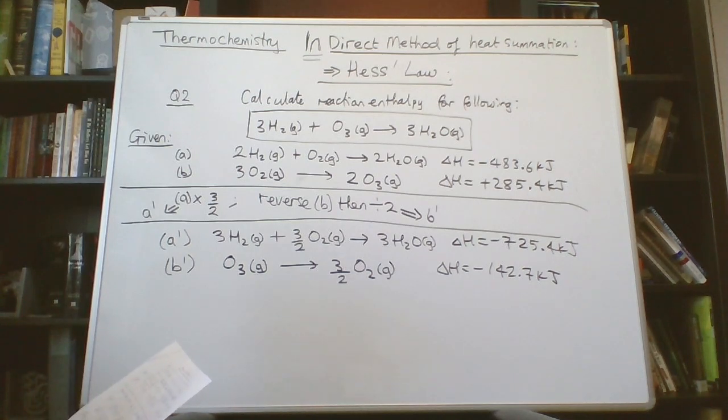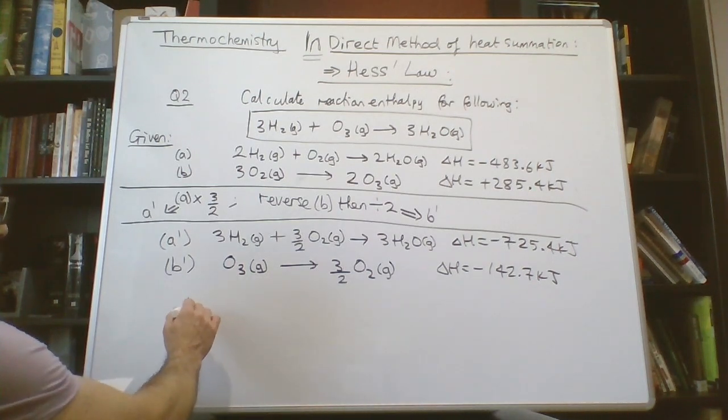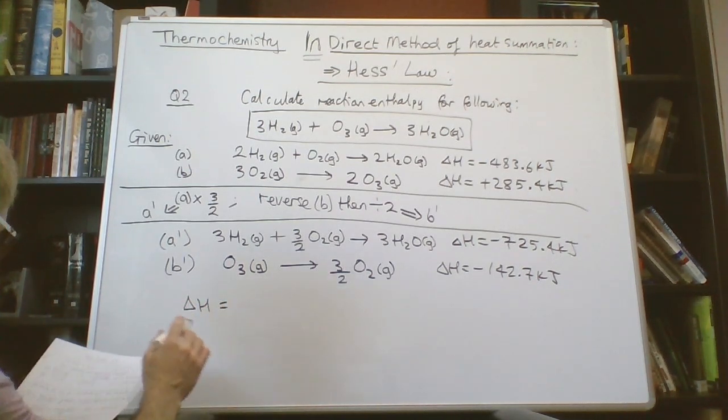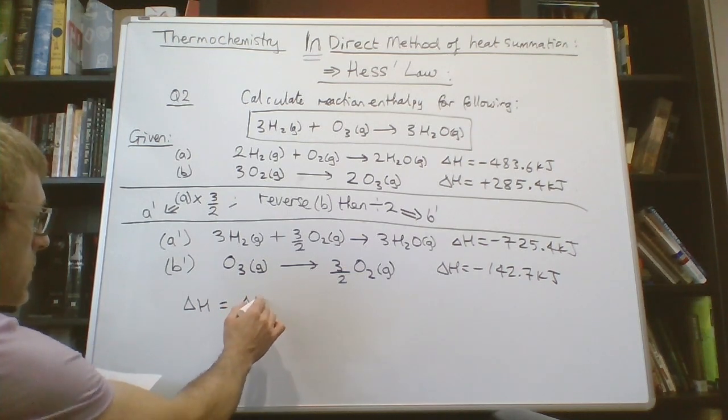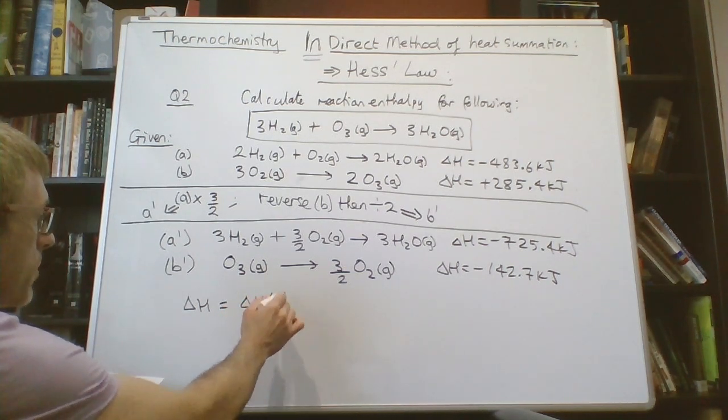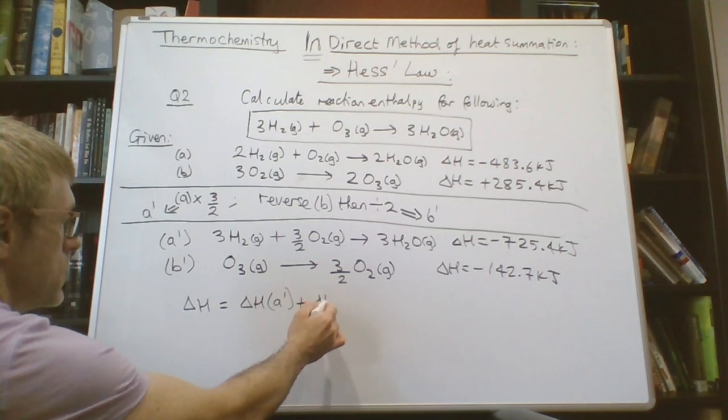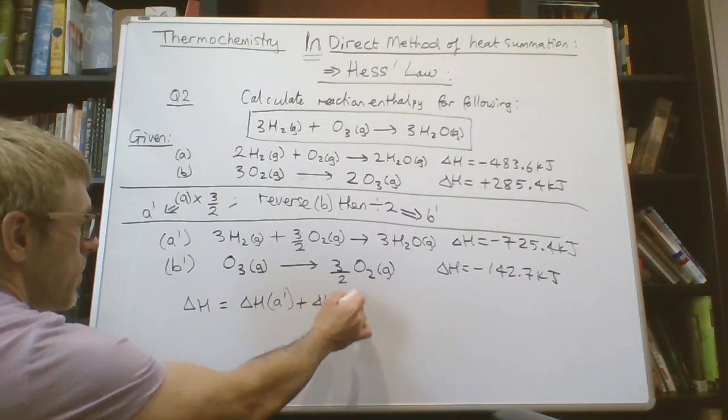Now we're just going to add them together. So I know that the overall enthalpy change is going to be the enthalpy change of our A prime and the enthalpy change of our B prime.